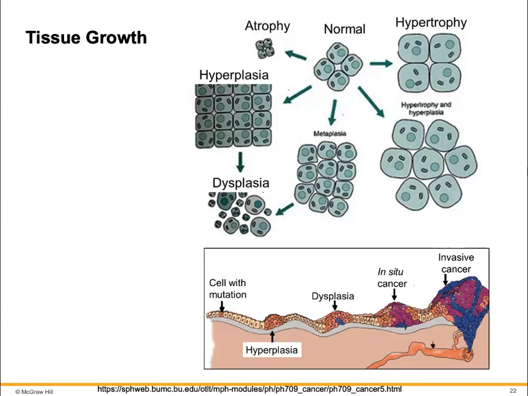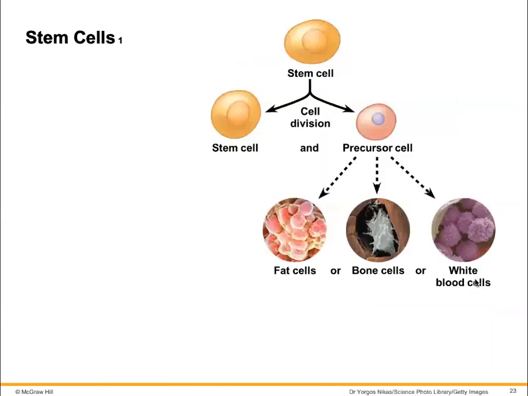All right. The other thing in this section that I wanted to address was stem cells. So stem cells basically are cells that become a precursor cell for different types of differentiation within our body.